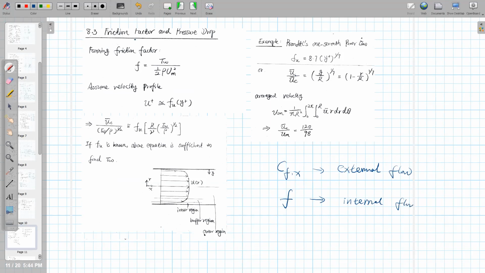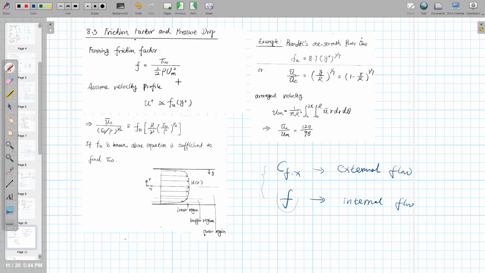That is some convention from previous people doing research, they prefer to do this. So for internal flow, we have the friction factor defined as f equal to tau_W divided by 1/2 rho U_mean squared.